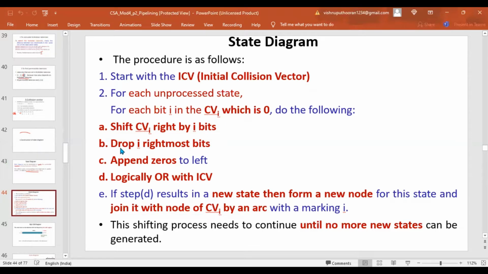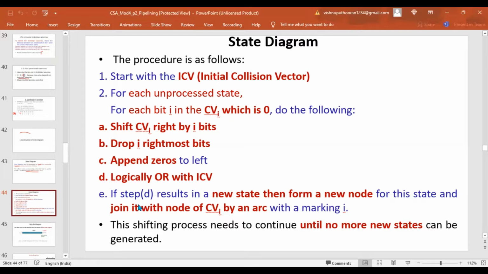Then drop the I rightmost bits, corresponding to the number of bits that we shifted. Then append the corresponding number of zeros to the left. And logically OR that value with the initial collision vector.